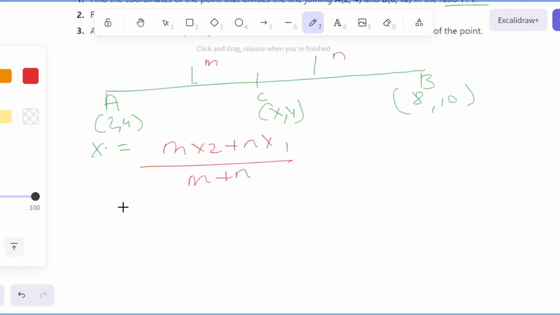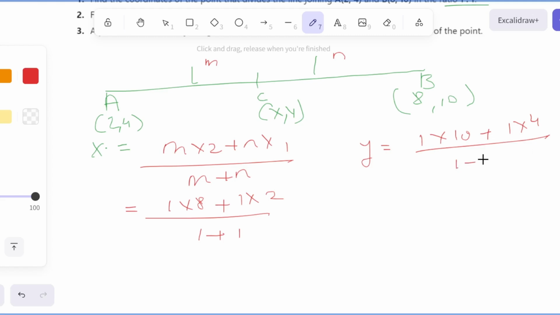So that means 1 times 8 plus 1 times 2, because we have to take the x coordinate, divided by 1 plus 1. Similarly, y coordinate will be equal to 1 times 10 plus 1 times 4, divided by 1 plus 1.